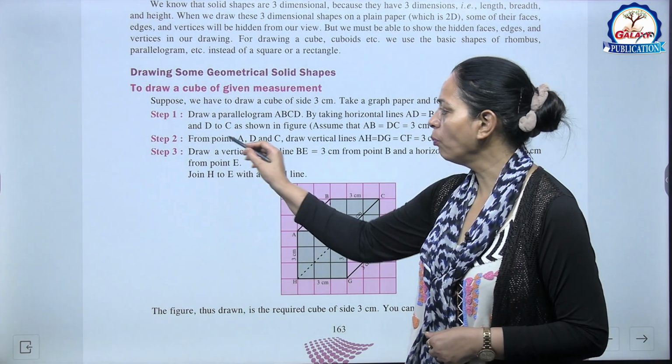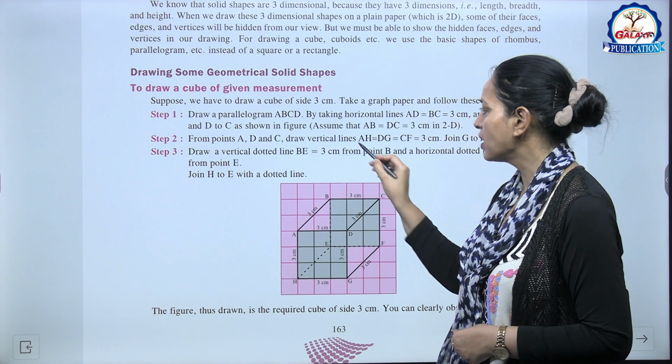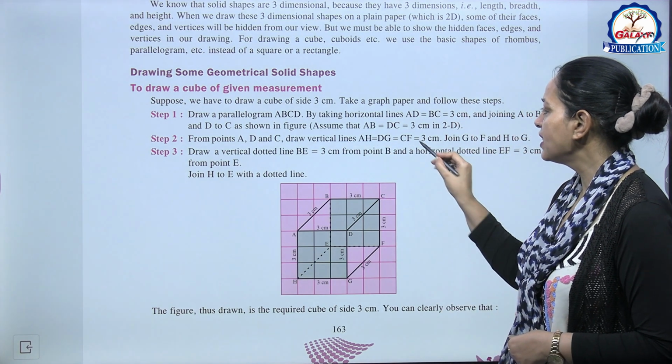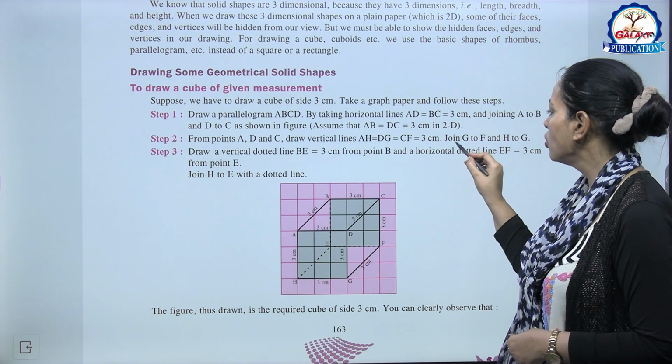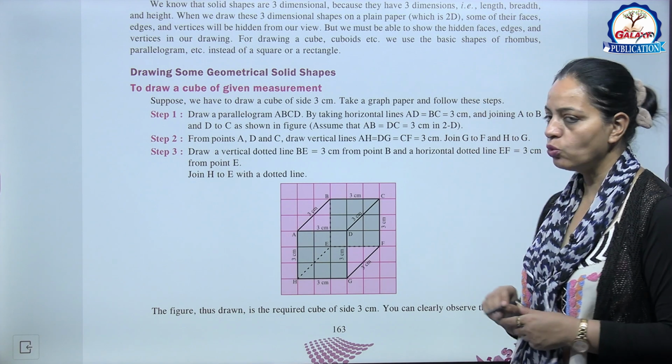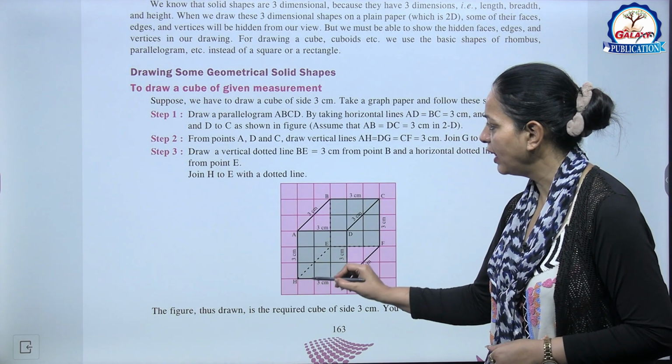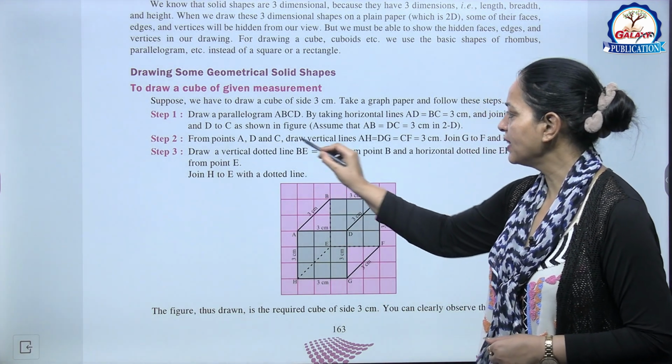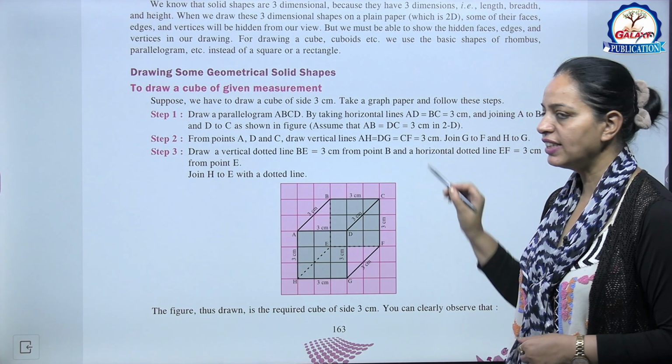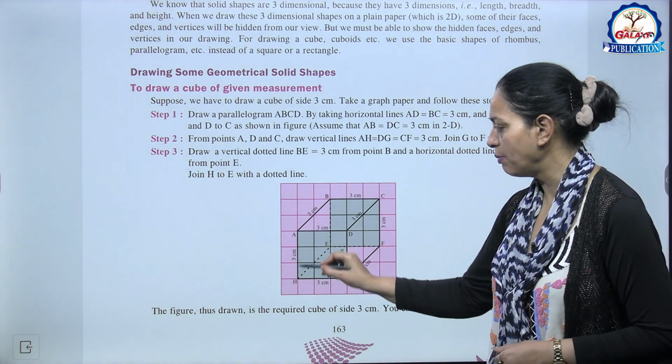Now step 2: from points A, D and C draw vertical lines AH, DG, CF equal to 3 cm. Join G to F and H to G. Then from points A, D and C we take AH, DG and CF, that is 3 cm.